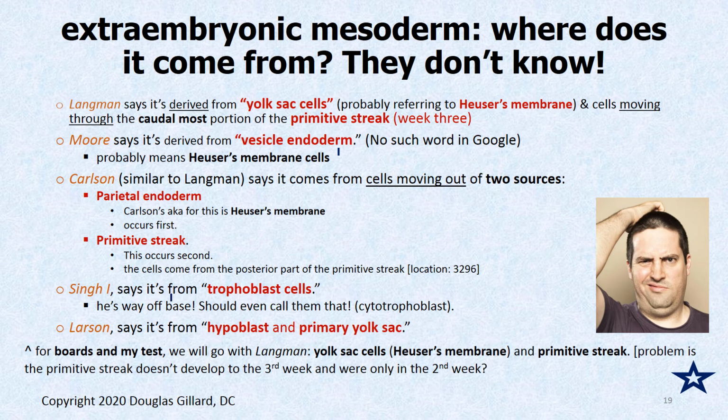Singh is just way off base. He says it comes from trophoblast cells, and he shouldn't even call them trophoblast cells. They should be called cytotrophoblast cells. And then Larson says hypoblast cells give rise to it. And hypoblast cells gave rise to Heuser's membrane, so I think that's what he meant, and the primary yolk sac. So they're just all over the place on this.